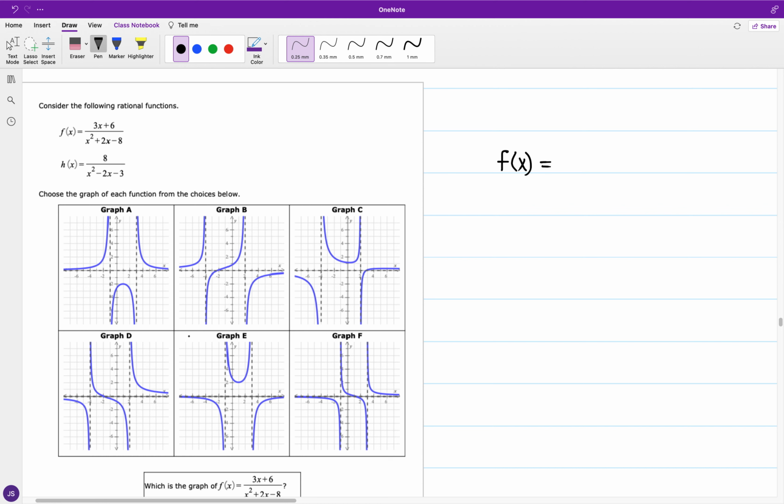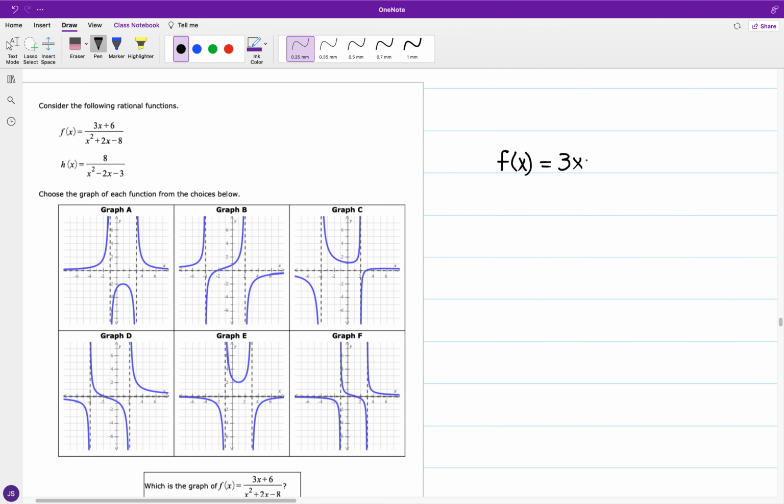If you notice in the graphs, you have a set of vertical and horizontal asymptotes, and separate sections in the graphs, and in terms of identifying which one applies to f of x, first of all, we can identify the asymptotes of f of x.